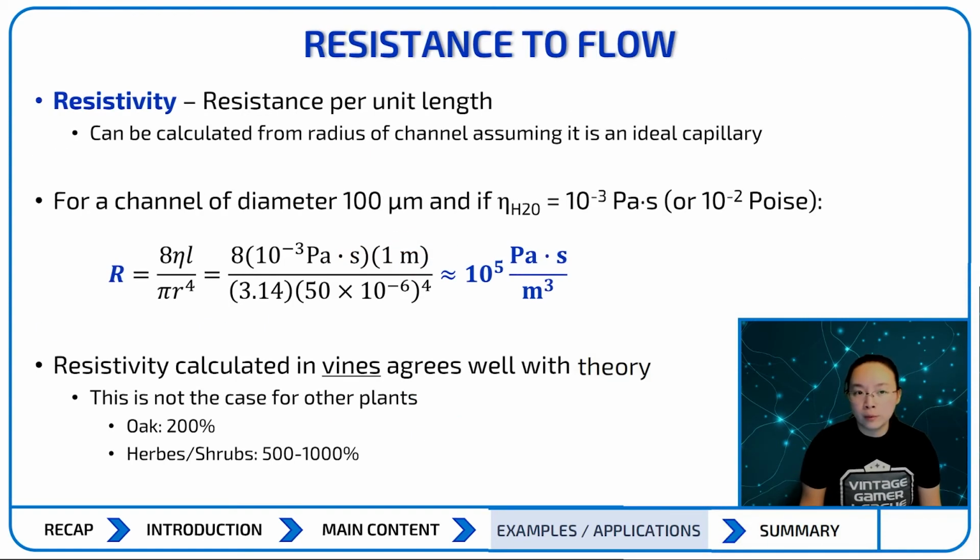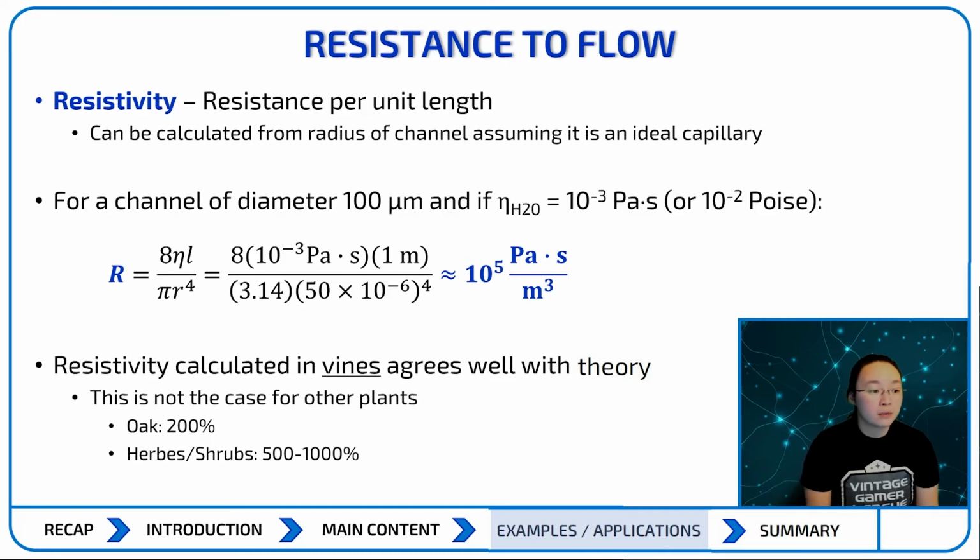Now with fluid flow, we can also look at how much resistance there is to the flow itself. Resistivity is defined as the resistance per unit length. We get the exact same equation as we did before that was presented in the recap. So we can do a sample calculation based on a typical xylem channel of diameter 100 micrometers and a viscosity of water of 10 to the negative 3 Pascal seconds.